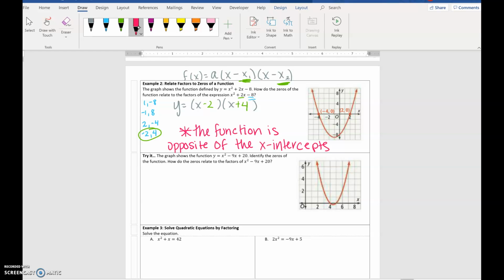So again, these were negative and positive, and then these are the same numbers but opposite signs. So positive 4, negative 4 here. Positive 2, negative 2 here. And we'll kind of talk about why a little bit later, but for now, we can just notice that they're opposite. So go ahead and try doing this one here.